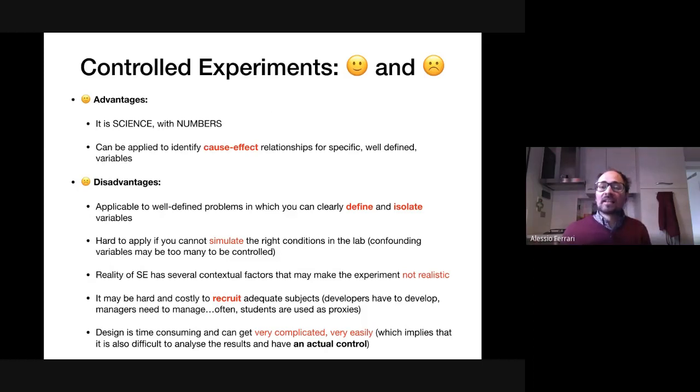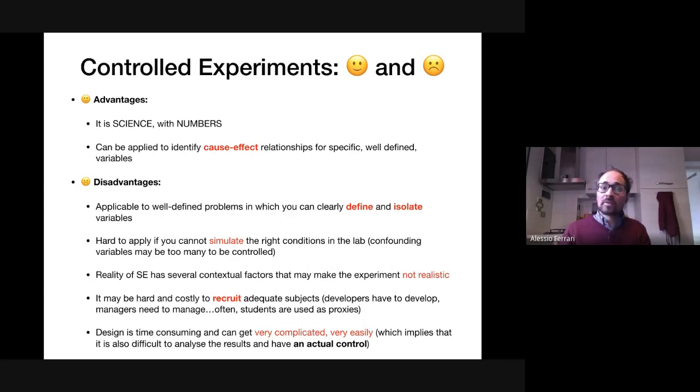But real science means also dealing a lot with creativity, with creating this constrained environment of the lab experiments, of the controlled experiment. Okay, and the great advantage is also that they can be applied to identify cause-effect relationship for specific, well-defined variables.